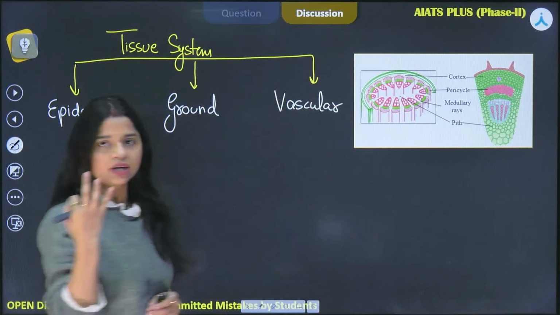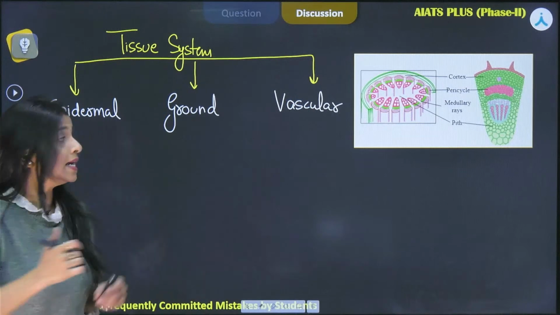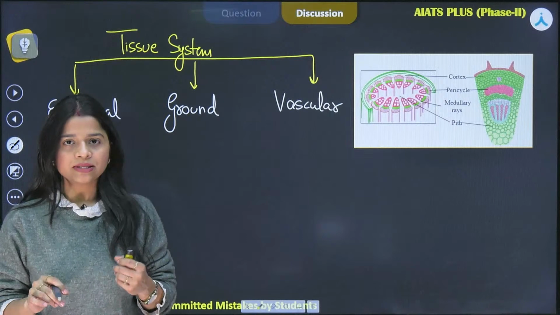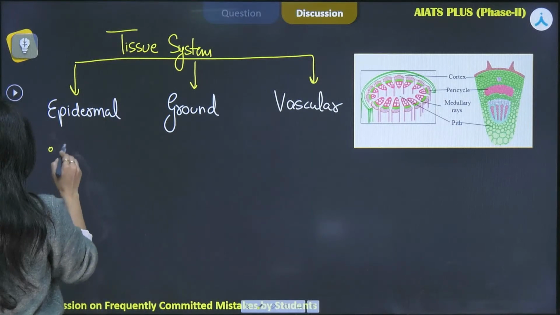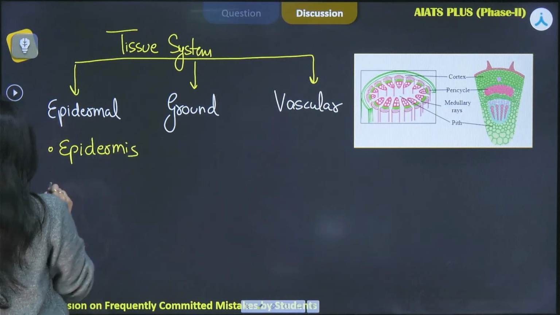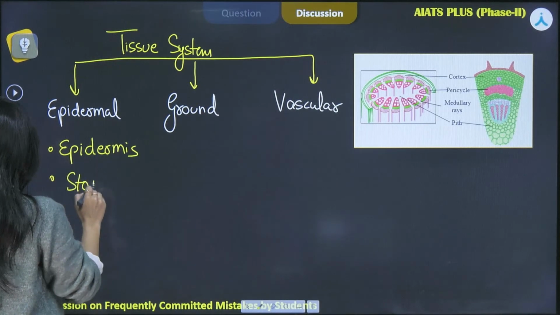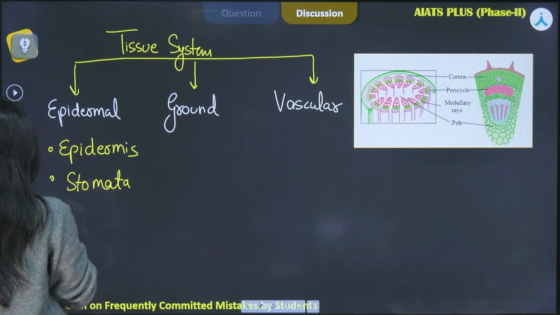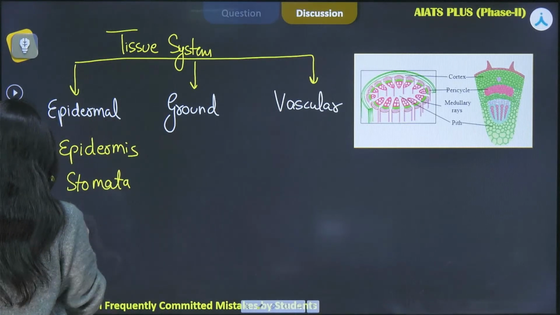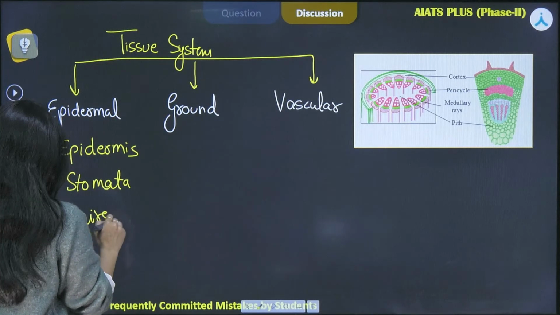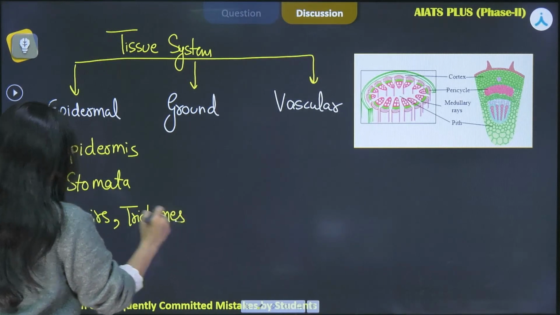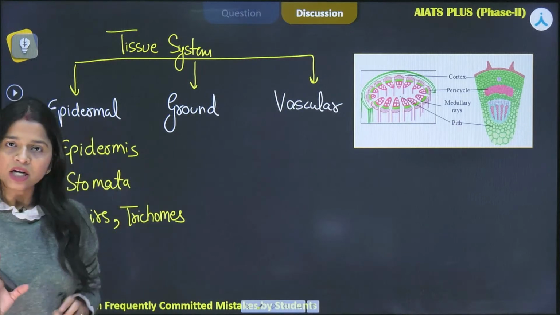These are the 3 basic categories. Now, the epidermal tissue system comprises the epidermis, obviously, the presence of stomata, as well as epidermal appendages like hair and trichomes.